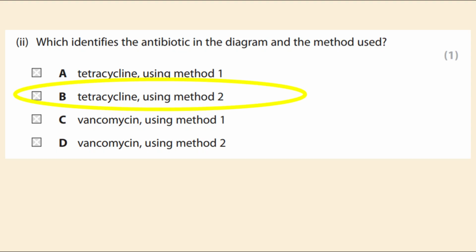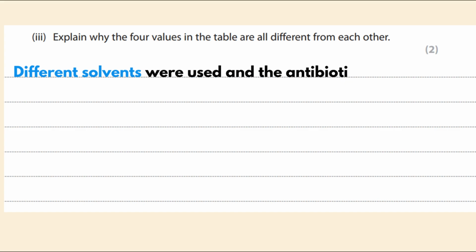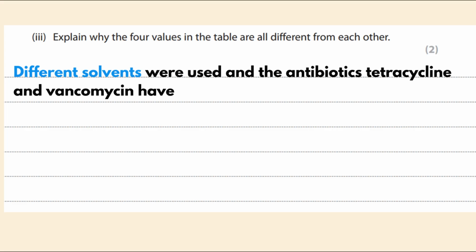And the next question is: explain why the four values in the table are all different from each other. This question comes a little bit from practical knowledge. If you know the practical steps, then only you can answer it clearly. The first thing is that chromatography depends on several factors. For example, the solvent can be different in method 1 and method 2.